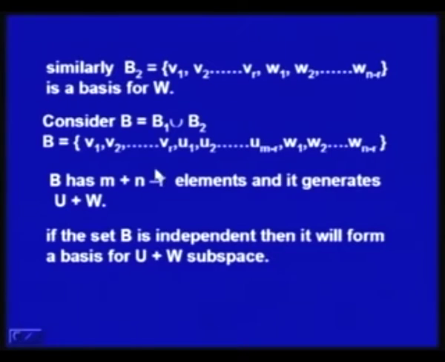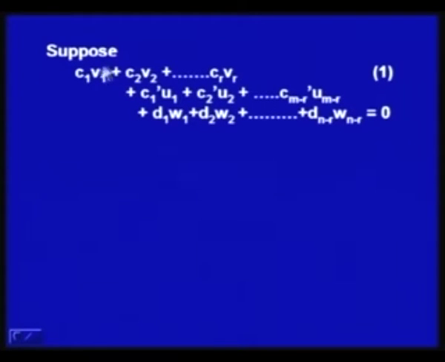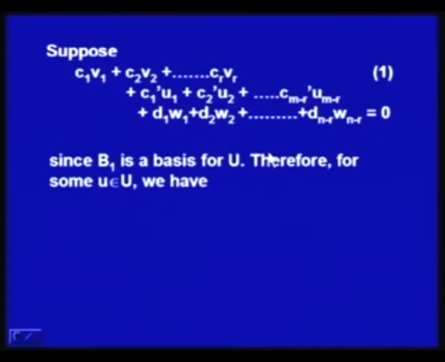So, we have to prove that these are independent vectors. For this we consider the linear combination of these vectors. The combination is C1 V1 plus C2 V2 plus Cr Vr, then plus C1 dash U1 plus C2 dash U2 plus Cm minus r dash Um minus r, plus D1 W1 plus D2 W2, and the last is Dn minus r Wn minus r, equal to 0. So, we have formed the linear combination of vectors of B.